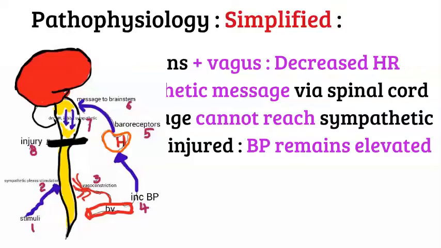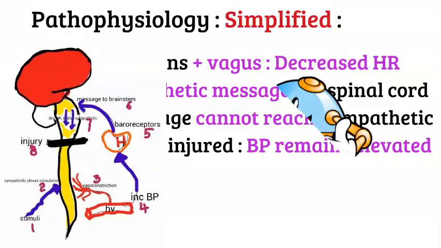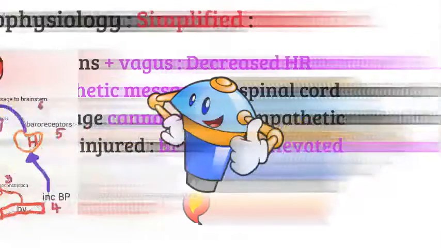The brain will send signals to reduce the heart rate and inhibit the sympathetic response, but the problem is the signal is unable to cross below the level of the injury. This vicious cycle will continue till the stimulus is withdrawn.